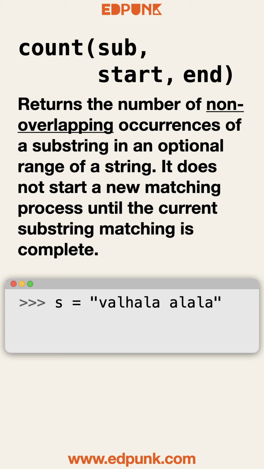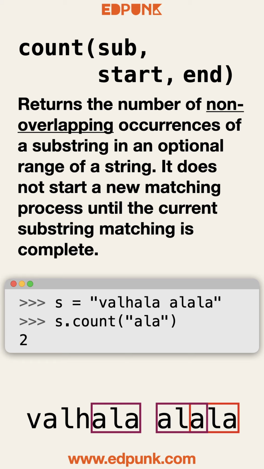Now, if we execute s.count("ala"), it returns the result as 2 because the first character of the third occurrence of the substring "ala" overlaps with the last character of the second occurrence of "ala". And to be counted as a new occurrence, there should be no overlap.